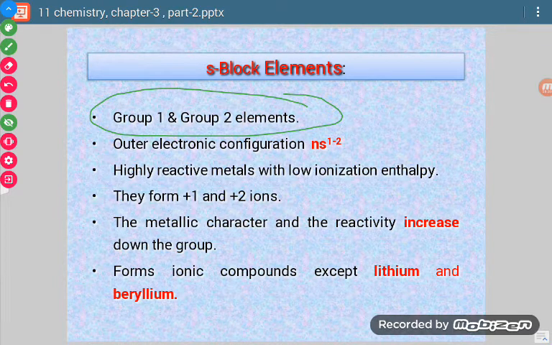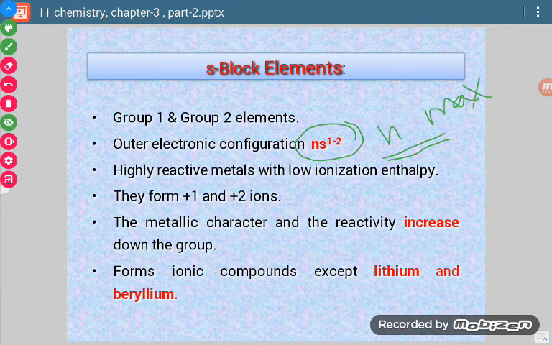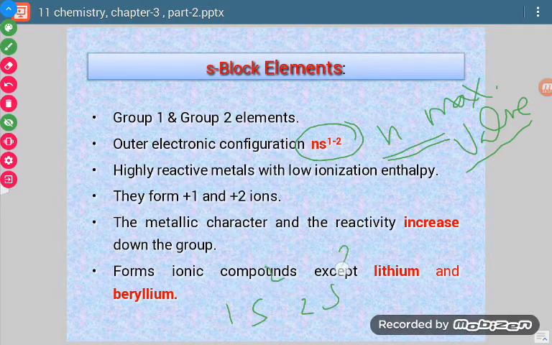Now the most important thing to be remembered is the valence shell or general electronic configuration. For S block elements it is ns1 to 2. Now what is n? n is that particular main energy level which has the maximum value in the electronic configuration. Just like if I have written the electronic configuration as 1s2, 2s2, 2p6, 3s1.